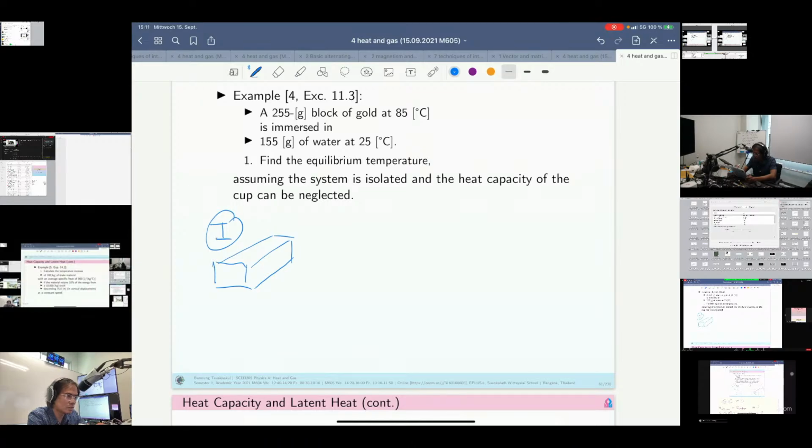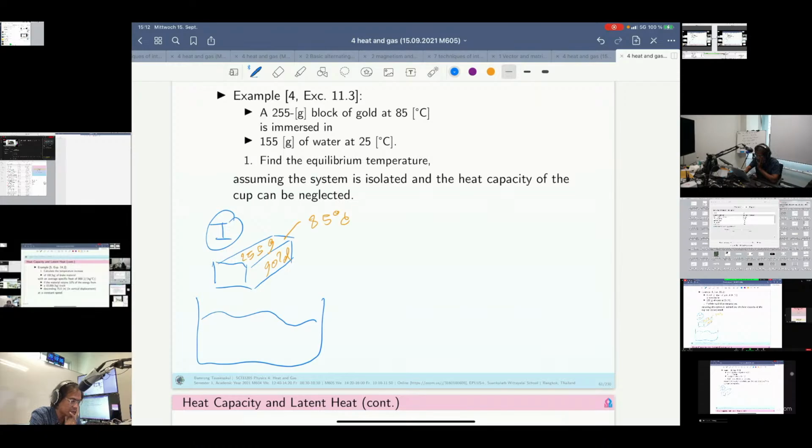This is gold, and it's 255 gram and the temperature is 85 degrees Celsius.